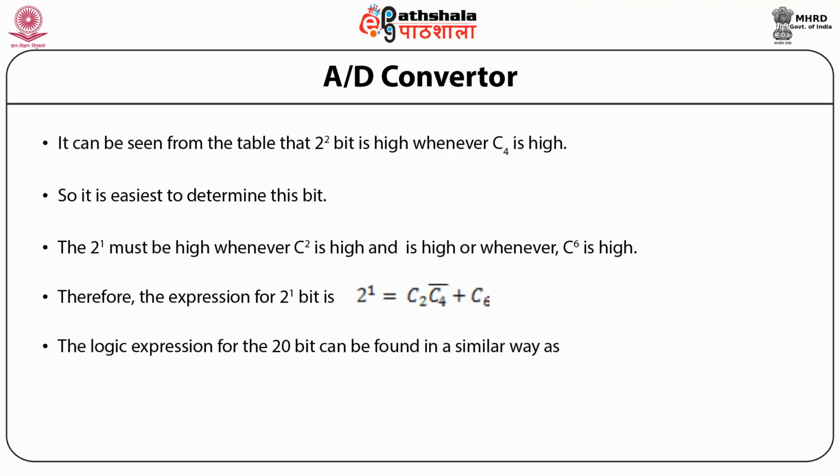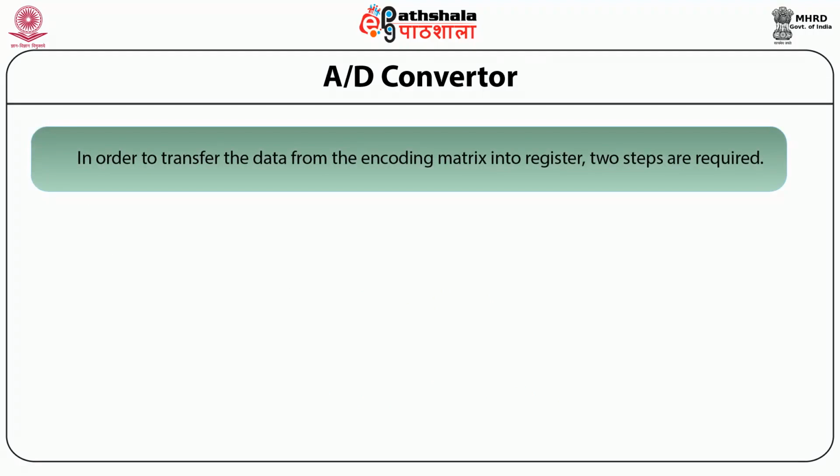The logic expression for the 2 raised to power 0 bit can be found in a similar way: 2 raised to power 0 is equal to C1 C2 bar plus C3 C4 bar plus C5 C6 bar plus C7. In order to transfer the data from the encoding matrix into the register, 2 steps are required.